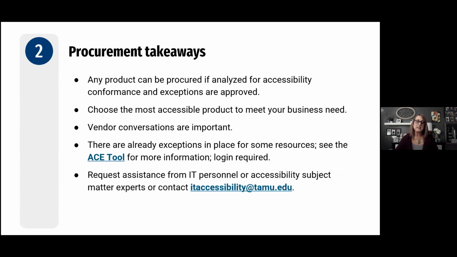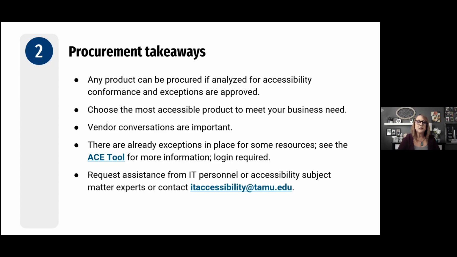So, procurement takeaways: any product can be purchased if analyzed for accessibility and if an exception is approved by university leadership. Obviously, we want you to be selecting the most accessible product to meet your business need, which is the second bullet. And like I mentioned earlier, the vendor conversations are ever so important. You can get a good indication of where a vendor is with regard to their attitudes when you speak with them.